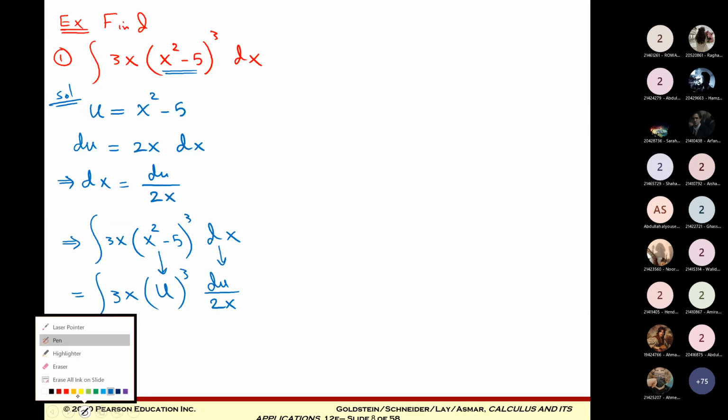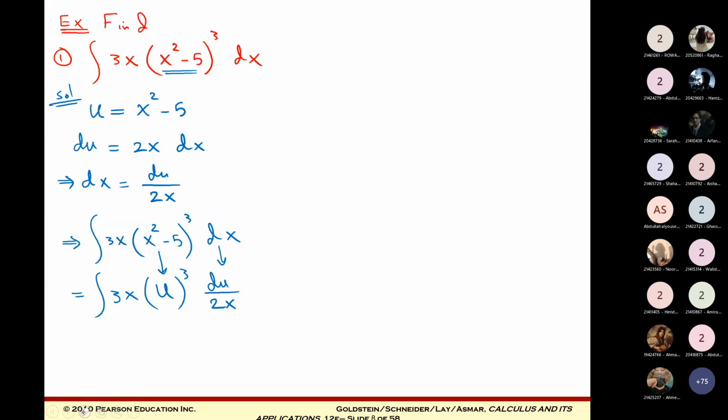So again we need to substitute two things, u and dx. What's the value of u? x squared minus 5, so remove x squared minus 5 and put u. We need to convert the integration to one variable, u, with respect to u.